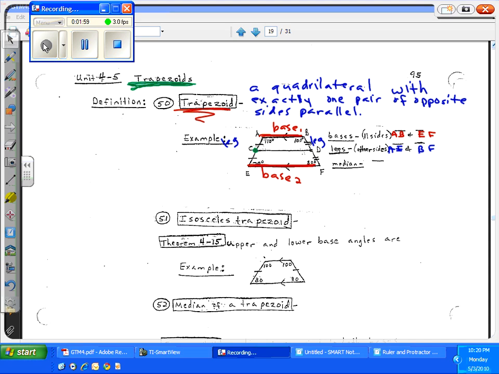The median of a trapezoid is the segment that joins the midpoints of the legs of the trapezoid. The median is segment CD. It is a segment that joins the midpoints of the legs.